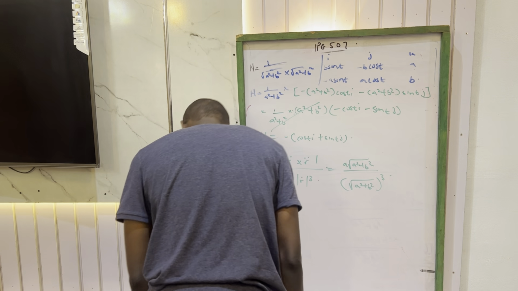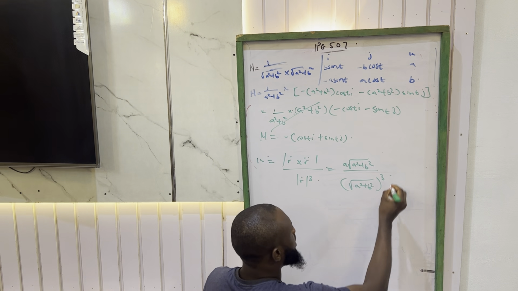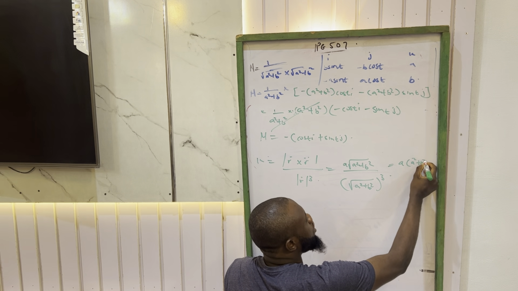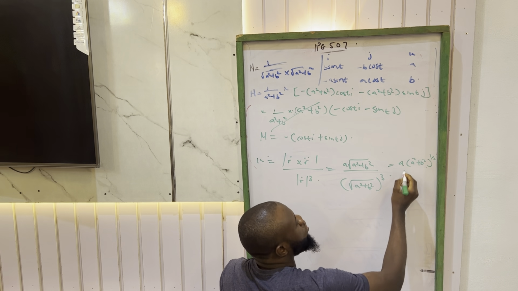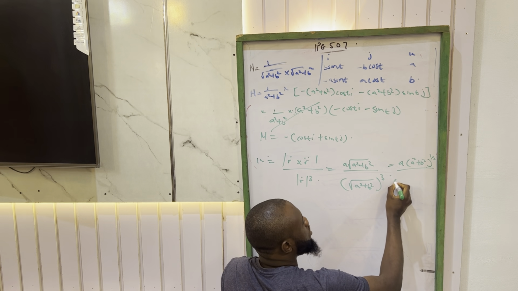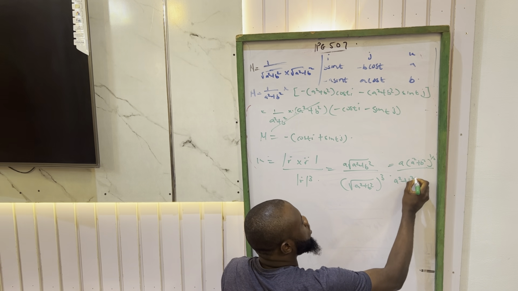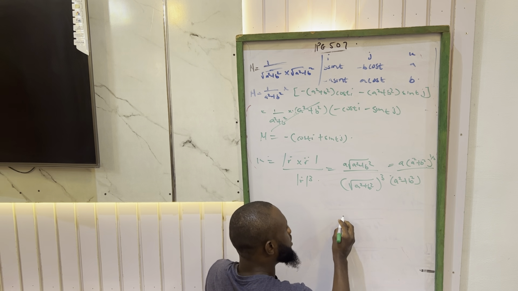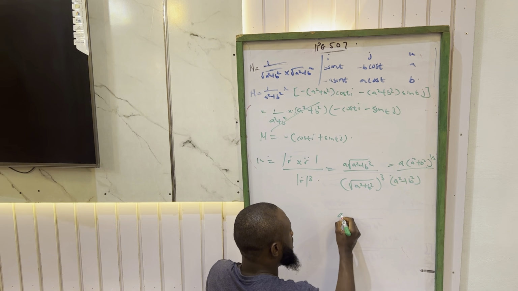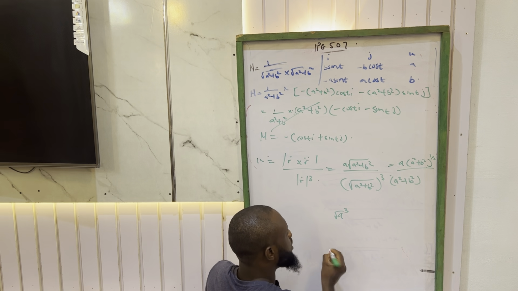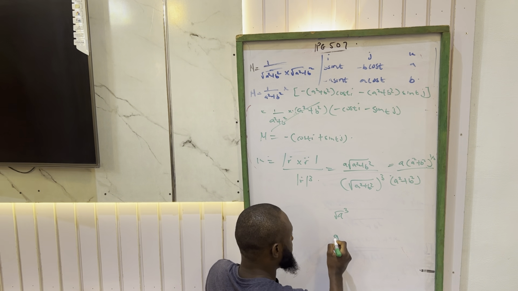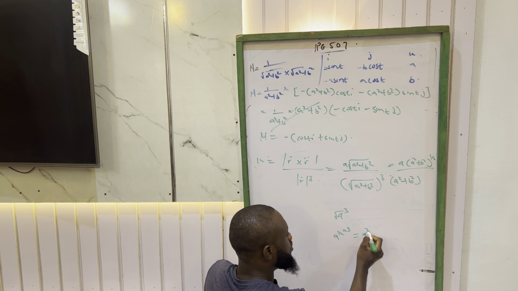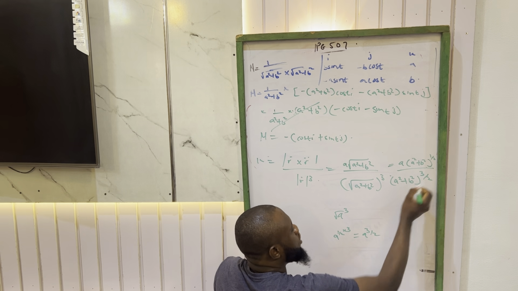So we can express this as a open bracket a squared plus b squared raised to power 1 over 2, all over a squared plus b squared raised to power 3. The square root becomes 1 over 2, then there's 3 there before, so that's 3 over 2.